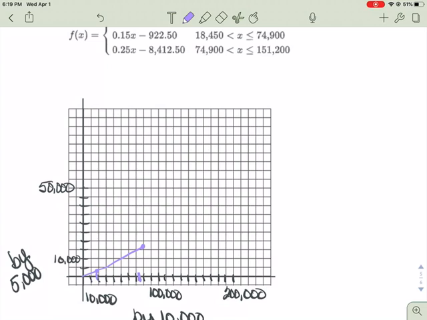And then the last one has a much steeper graph, steeper slope. So we're going to be almost up to 30,000. So it's going to be up here. All right, so we have a much steeper slope. So each section is going to increase its slope.